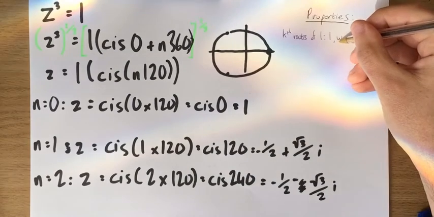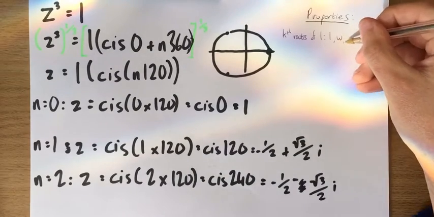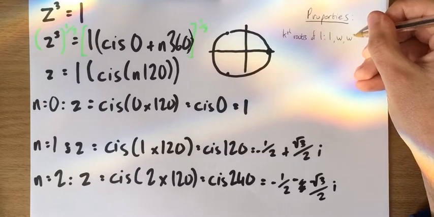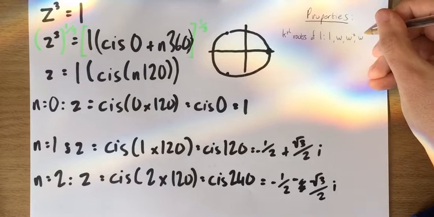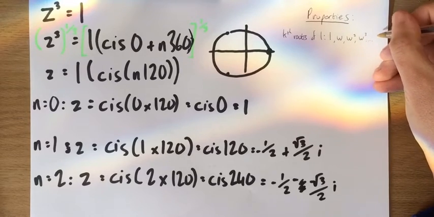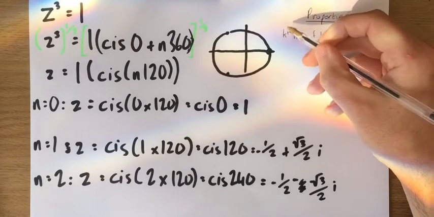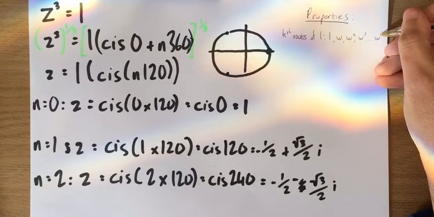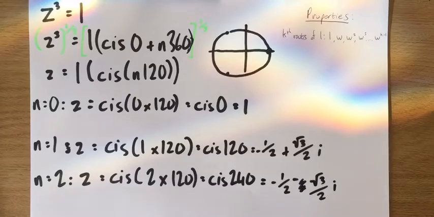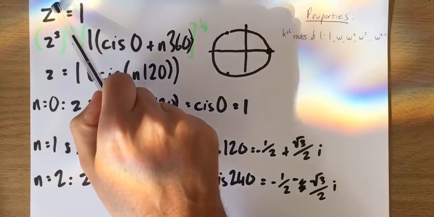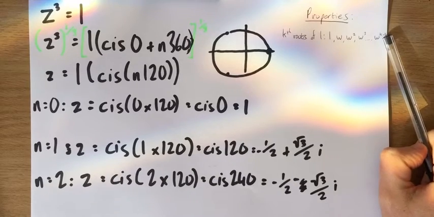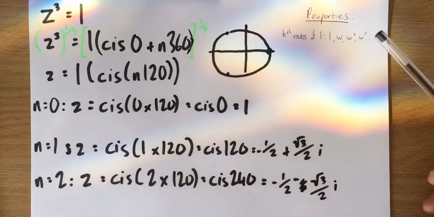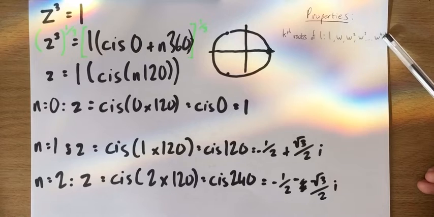The second root will be some complex number, the next one will be that complex number squared, the next one that complex number cubed, and so on until for the k-th root, it'll be that complex number to the power of k minus 1. So when I was looking for 3 roots, I would stop at that complex number squared. If I was looking for 10 roots, I would stop at that complex number to the power of 9.